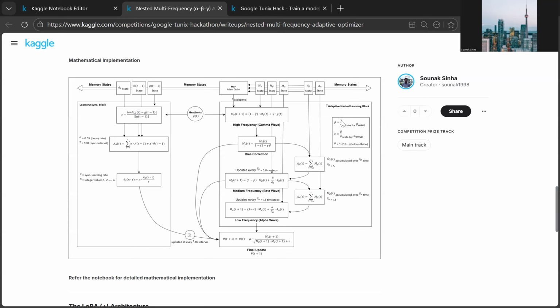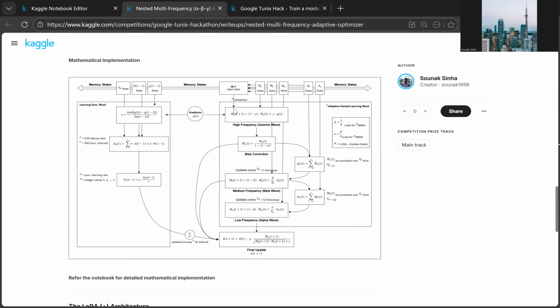Another thing here is that the gamma wave is generated, or predicted you can say, from an internal multilayer perceptron, which is optimized by its own Adam optimizer. And this takes the initial states from different waves: the gamma state, then the accumulation from the alpha and the beta waves, and then finally it determines.